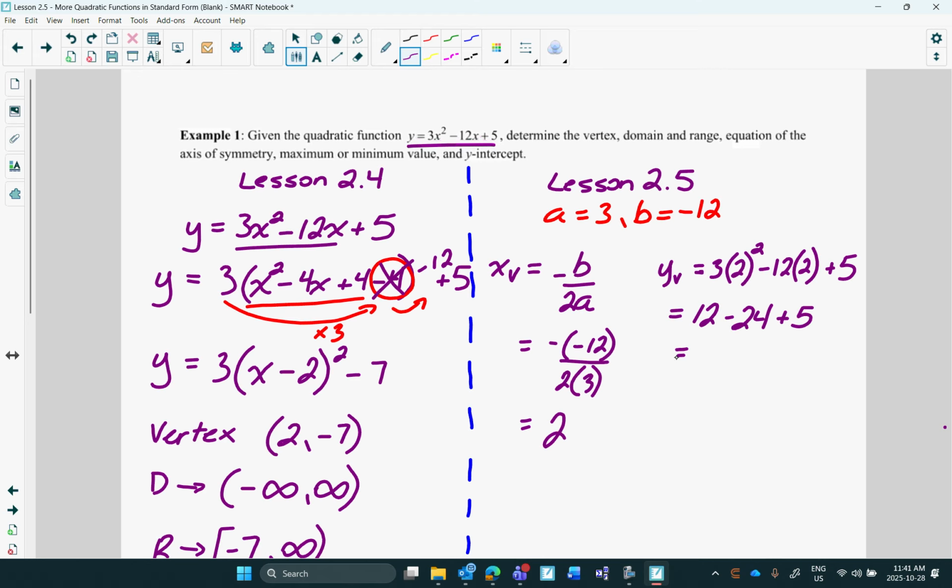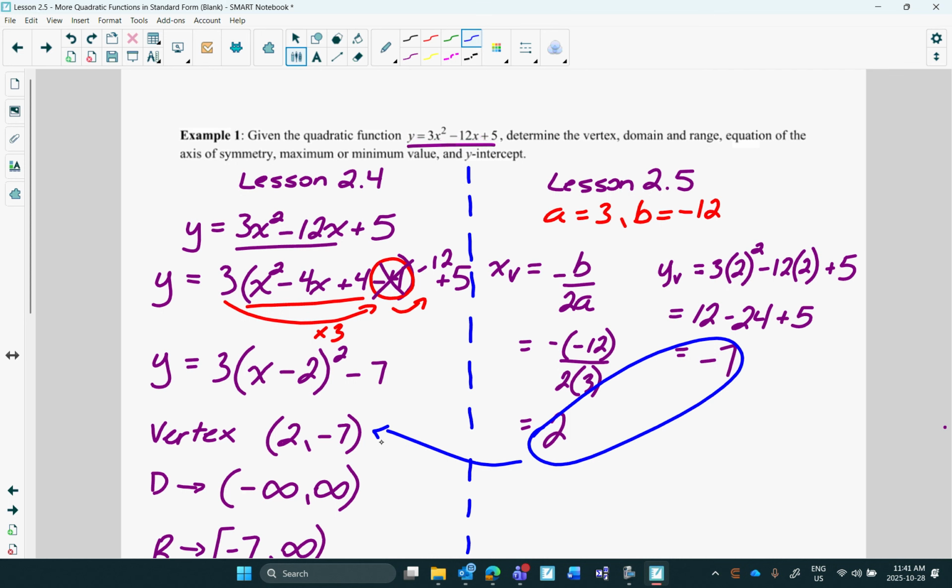What's that? 7. Wait. What? That's insane. Holy. The beauty of math.